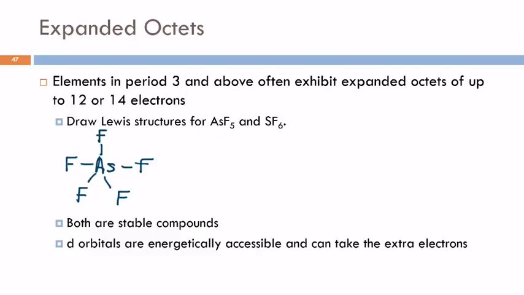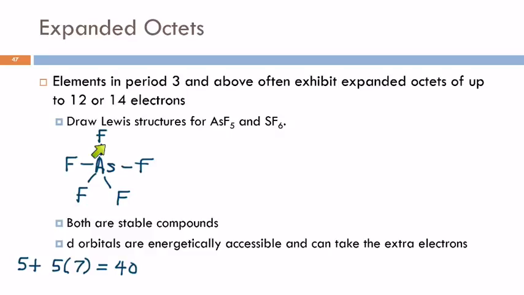Let's look at number of valence electrons. Arsenic has 5, and each of the 5 fluorines has 7, 35, 40.